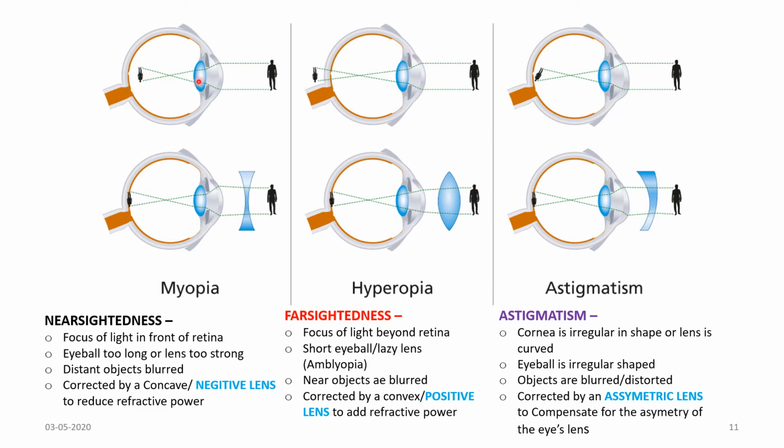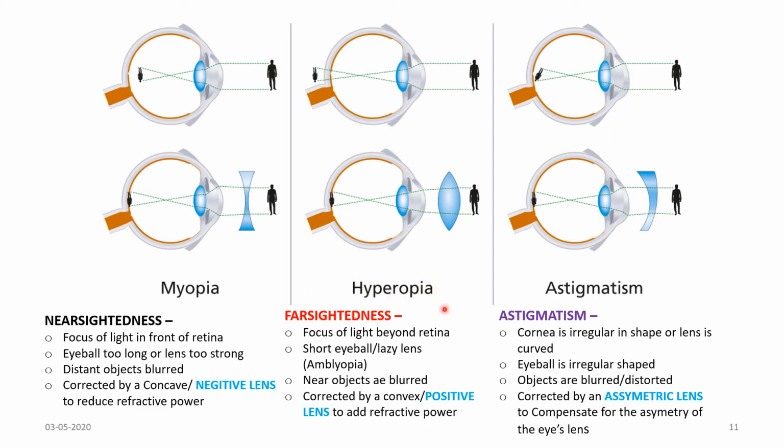The eyeball is too long or the lens is too strong. The distant objects will be blurred, and this is corrected by prescribing a concave lens or negative lens to reduce the refractive power.